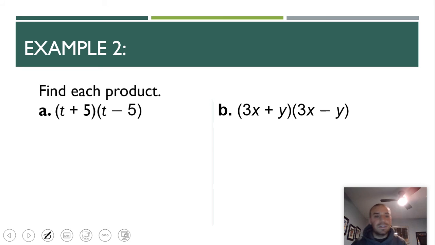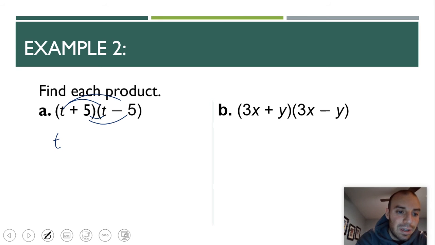So I'm just going to use that FOIL technique to get my answer here. You'll notice your middle term is going to cancel when you have opposite signs. So t times t is t squared. T times -5 is -5t. 5 times t is positive 5t.